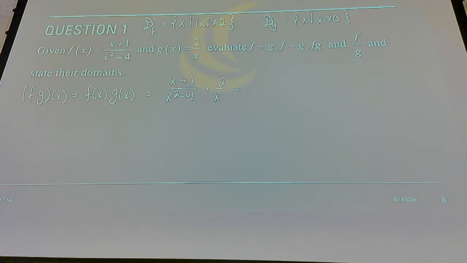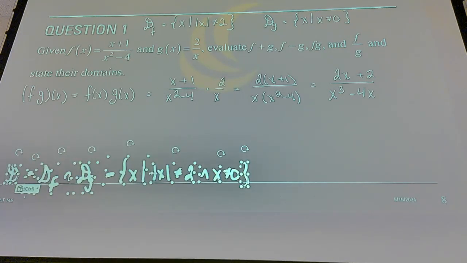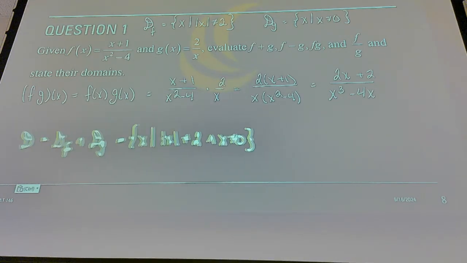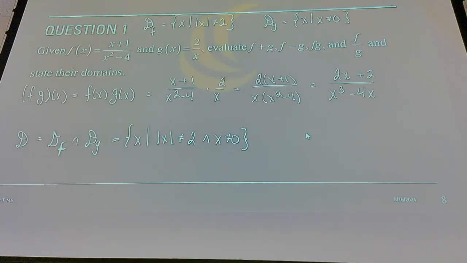Which is an easier way to do that too. Just multiply straight across. And multiplication is nice and easy. And again, the domain is just the intersection, so it's the same.